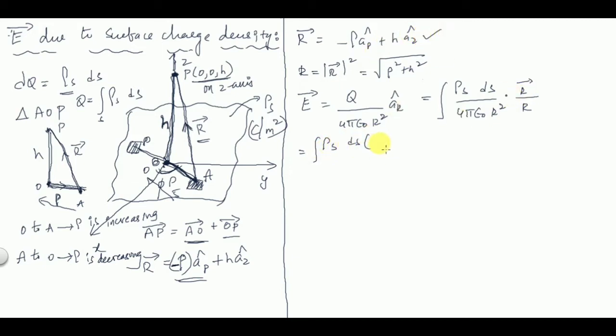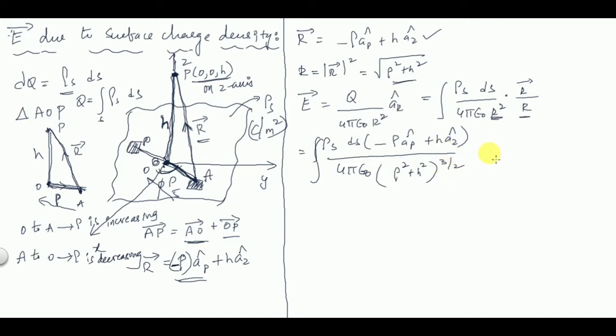R bar is minus rho a_rho cap plus H into a_Z cap, divided by 4 pi epsilon naught. So R square into R becomes R cube, and R value is root of rho square plus H square, so rho square plus H square whole to the power of 3 by 2 we can write.